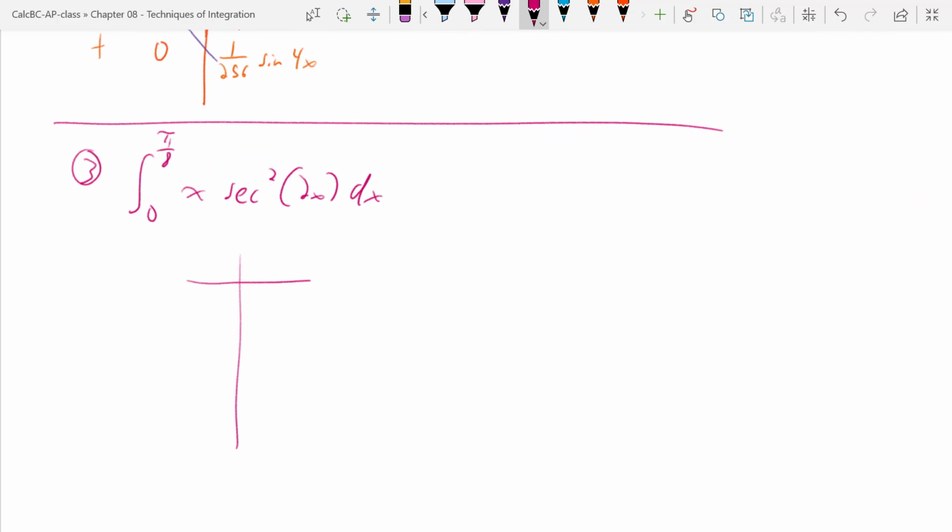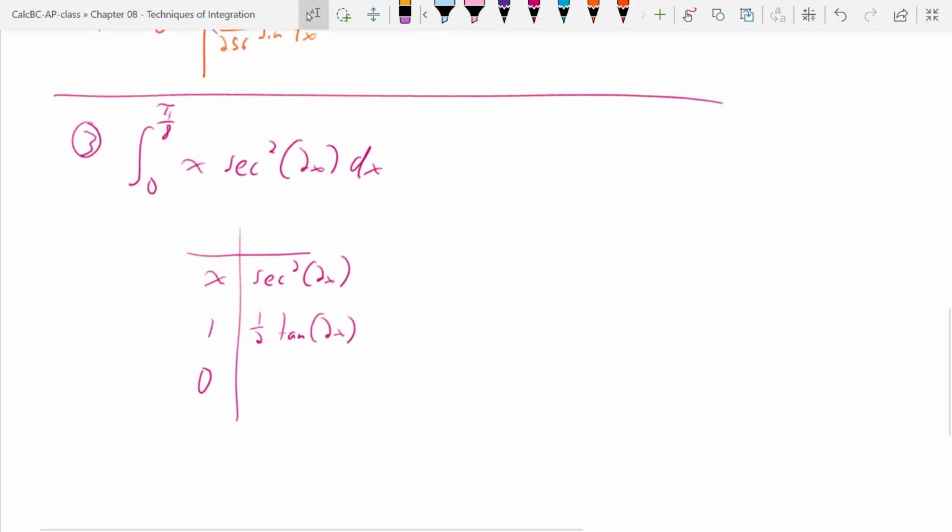I have an x, so that becomes x, 1, and then 0. Secant squared of 2x. I can take that a few steps. I know that the integral of secant squared is tangent, so this is going to give me 1/2 times the tangent of 2x.